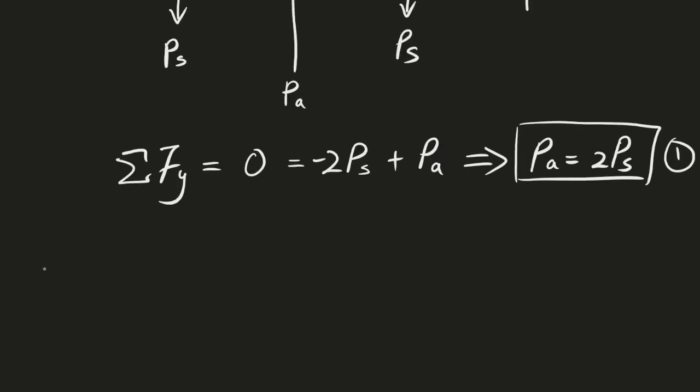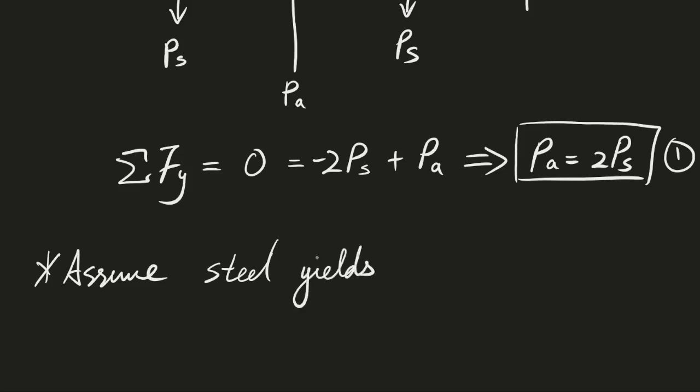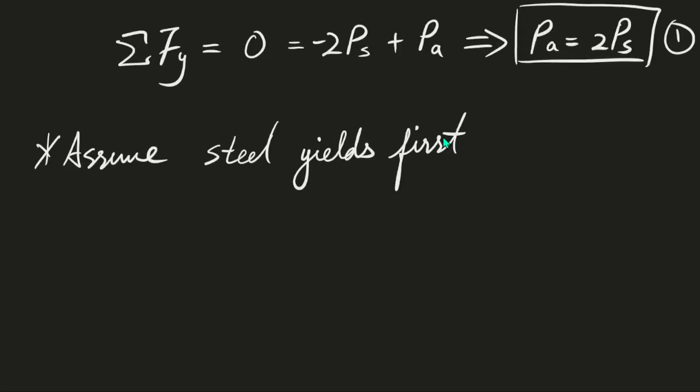Now, we'll have to assume that one of the members yields first before the other. And flipping the coin, I'm going to say steel yields first. How I will check if steel actually yields first is I'll find PS by assuming it's at its yielding point.